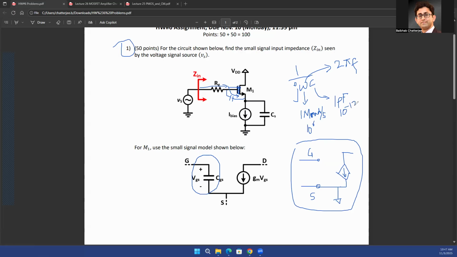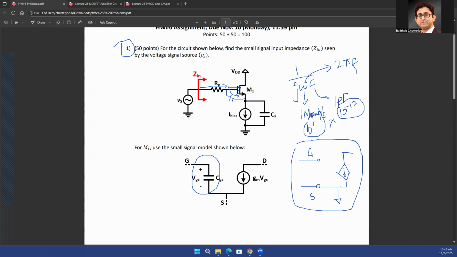If you multiply those two in the denominator, and you are trying to find the absolute value of the impedance, 1 upon j omega C, you still have 10 to the power minus 6 in the denominator, right? Because 10 to the power 6 multiplied with 10 to the power minus 12 gives you 10 to the power minus 6. That means 1 upon 10 to the power minus 6, or 1 megaohm of impedance, is something we'll see for that capacitance of 1 picofarad.